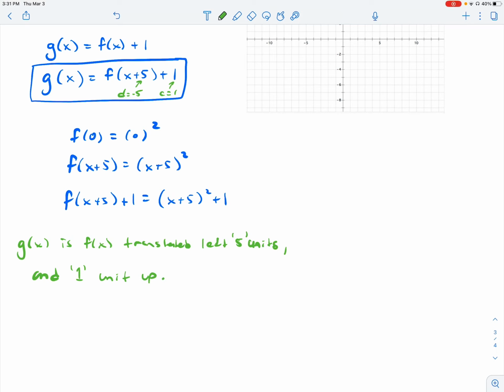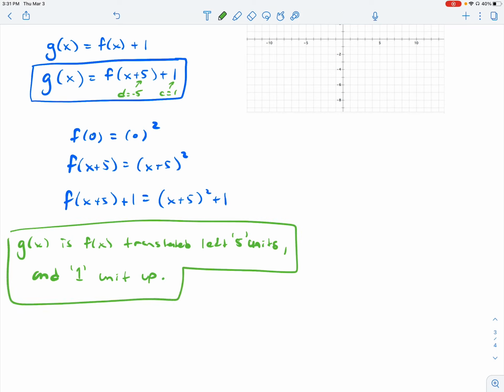Okay, so these are the transformations in words. You can use the word translated, or you can use the word shift. Both are acceptable.